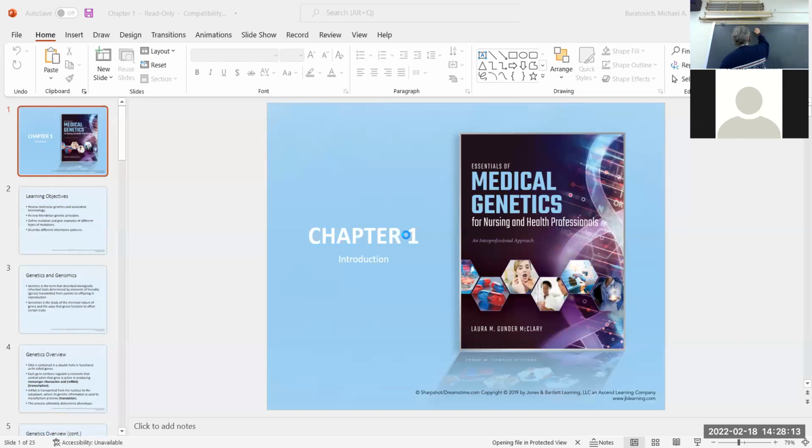So this person has one chromosome with a wild type copy of the cystic fibrosis gene, the CFTR gene. The other copy of the chromosome has a mutation in the CFTR gene. If there's two copies of that, they will have cystic fibrosis.